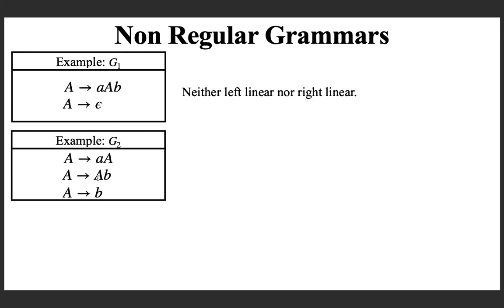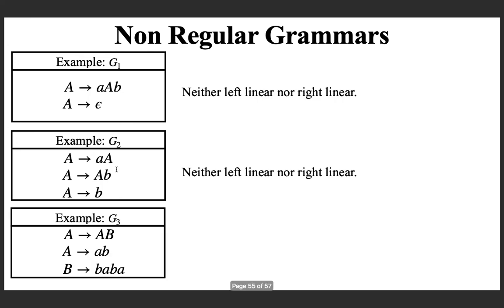So it is again neither left linear nor right linear. I hope you are getting me. Individually this production is right linear, this is left linear, and this is both left and right linear. But as a whole, it is neither, because for a left linear grammar, every production must satisfy left linearity, but this production or rule fails to satisfy it. Similarly, the second production fails to satisfy the condition for right linearity.